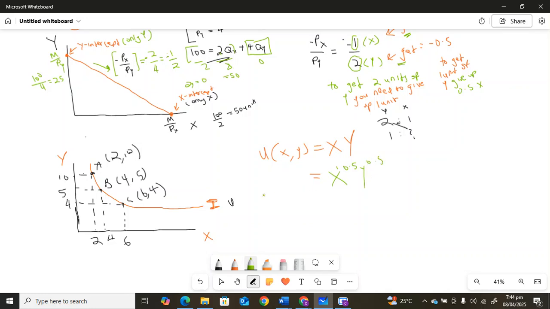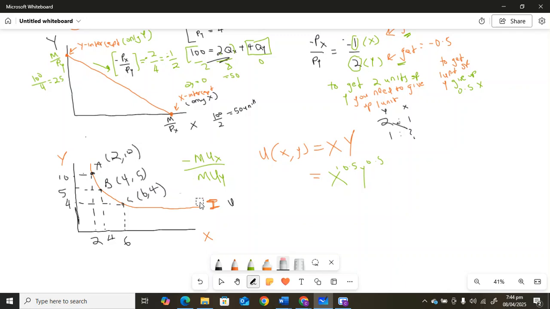This is how the functions of indifference curves are usually represented. And the slope of the indifference curve is given as the marginal utility of good X over the marginal utility of good Y, with a negative sign.